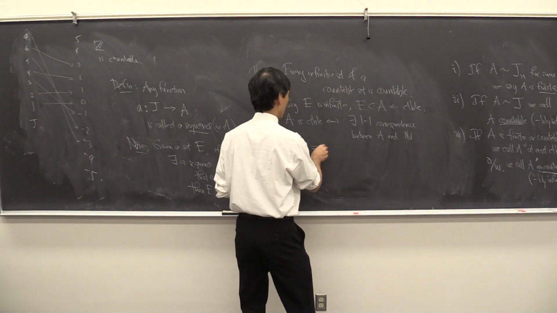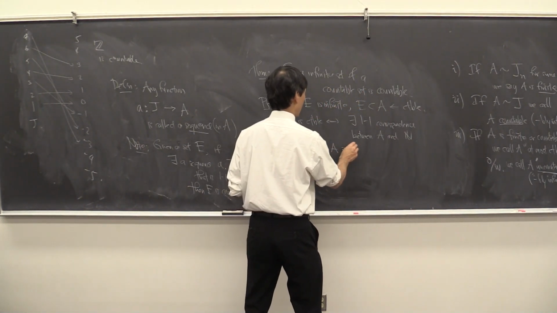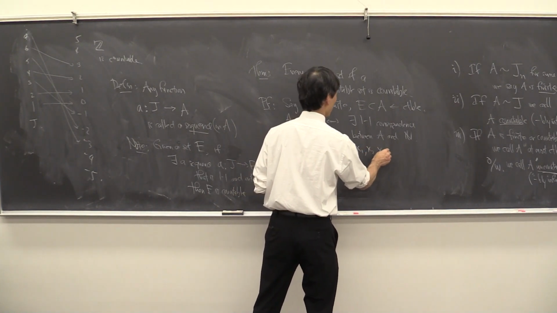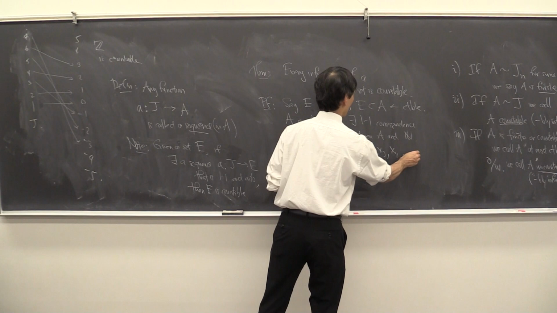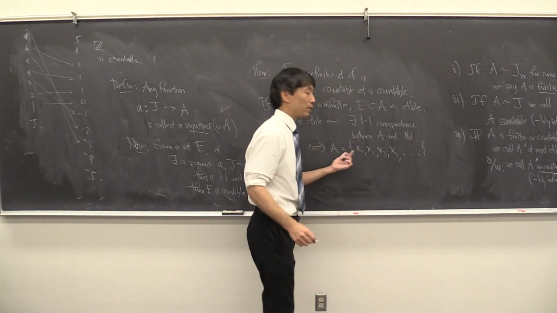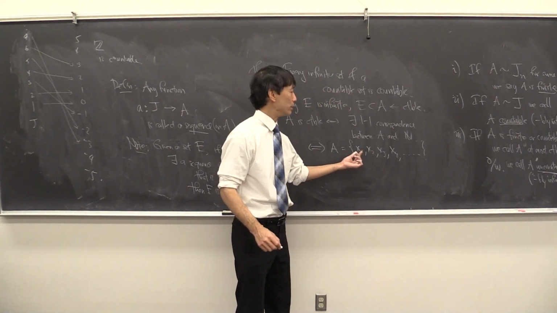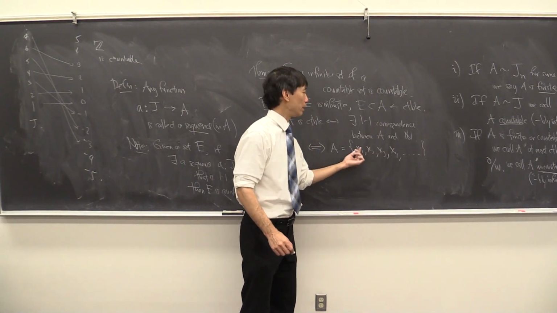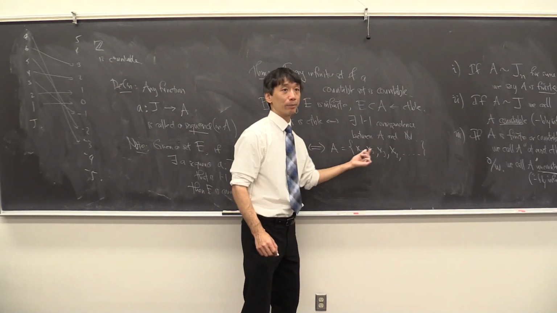In other words, A can be written as x1, x2, x3, x4, and so on. A can be expressed as a sequence where there's no duplication. Each element occurs only one time.